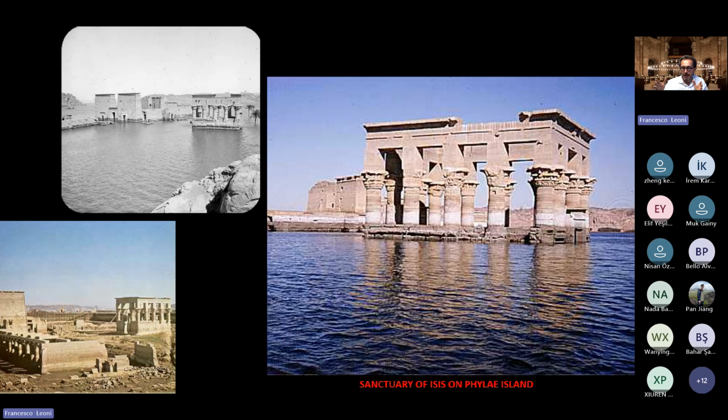So what has been done? All of those temples and all of the sanctuary, all of those buildings have been disassembled and reassembled on a closer island, a higher one, keeping the same orientation, the same proportion, and the same distances, to repropose the orientation and the overall environment that, because of the dam, would have been flooded otherwise.